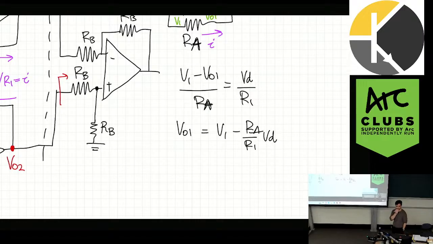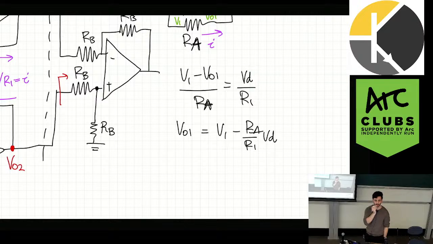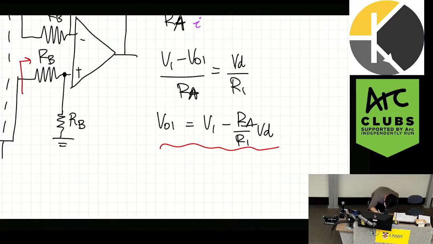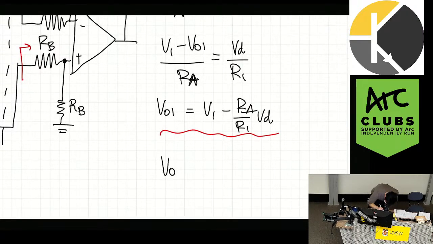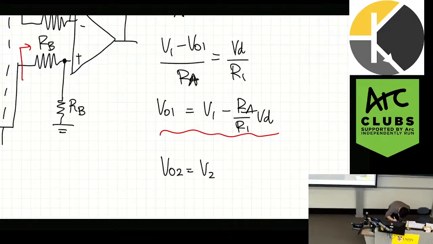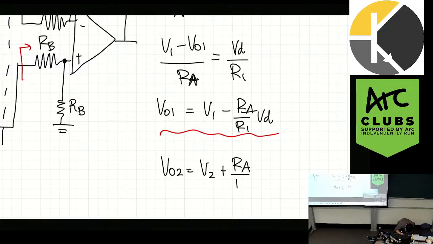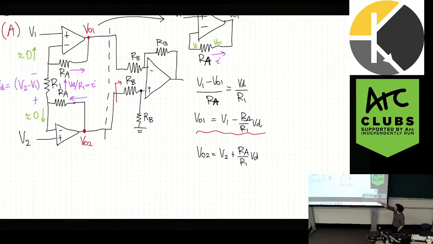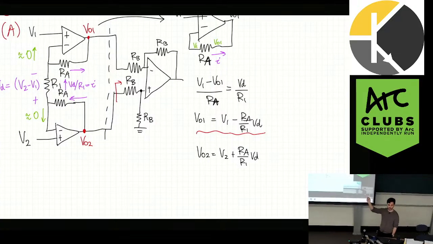Was that all okay? I feel like this is maybe an intuitive way of thinking about the instrumentation amplifier. Then Vout2, so that's the first result. Vout2 you can derive doing the exact same thing, just now the polarity is going to be flipped. Now, as I mentioned, the differential amplifier on the second stage has a gain of 1.